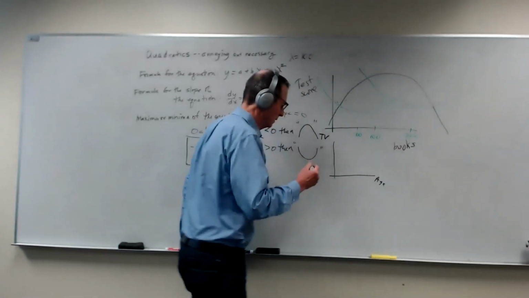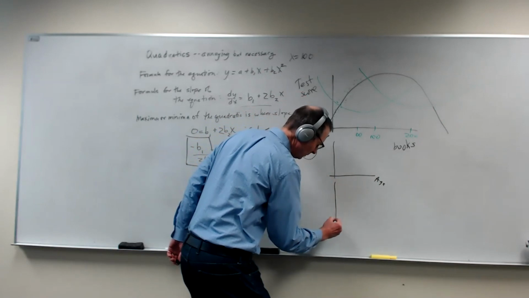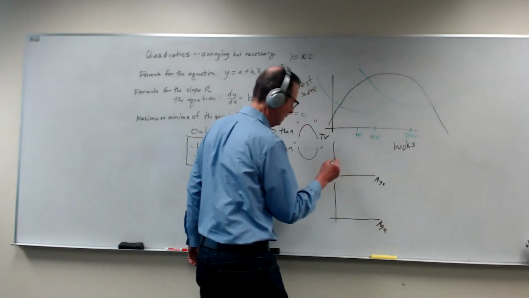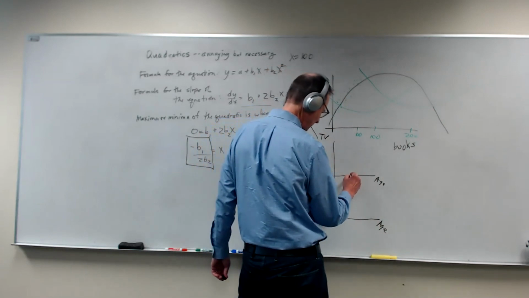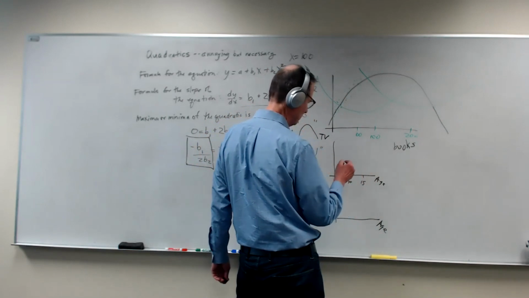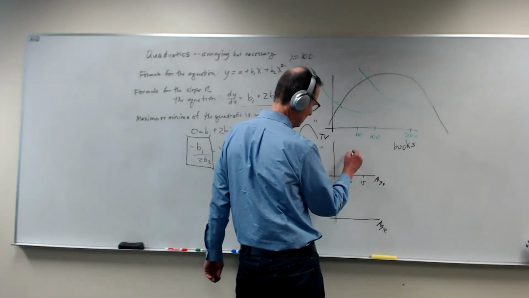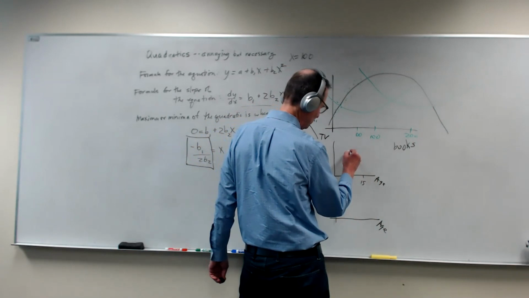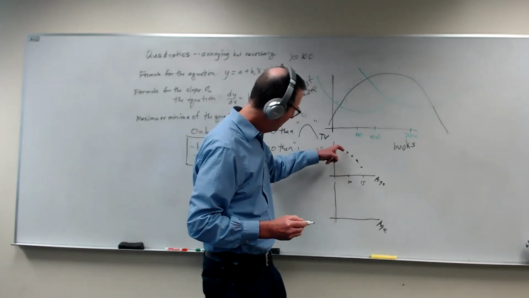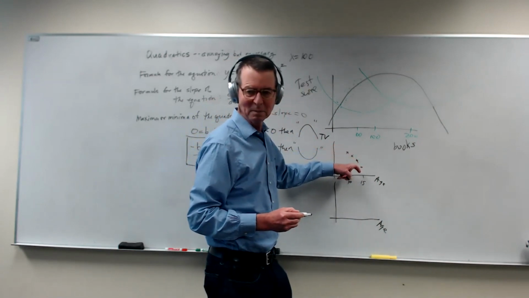Suppose you had two different kids. And here we have ages 10 to 15, we're getting the middle school slope. Let's say we had one kid with a point here, a point here, a point here, and a point here. So it's declining, and it seems to be declining at an increasing rate.